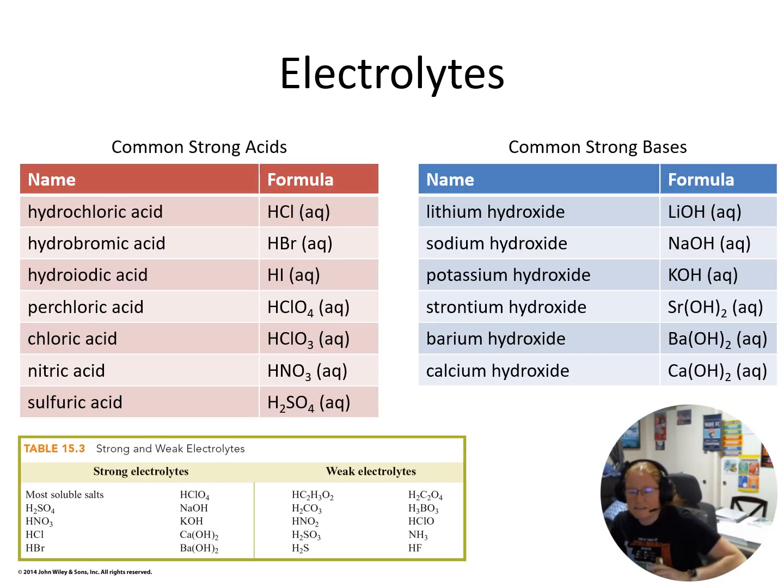And then just as an example, again, strong electrolytes are going to be our strong acids and bases and our fully soluble ionic substances. And so here, if you don't remember your strong acids and bases, here they are. You do need to know these.